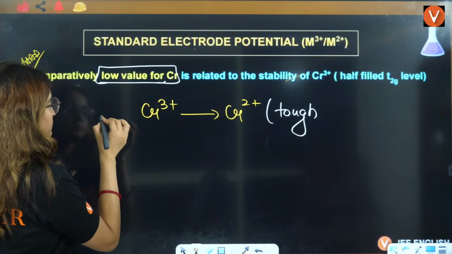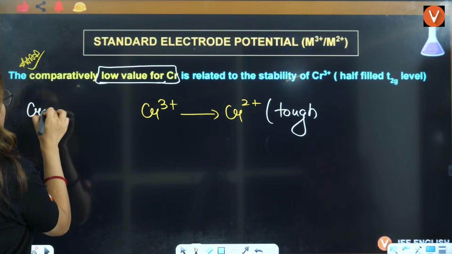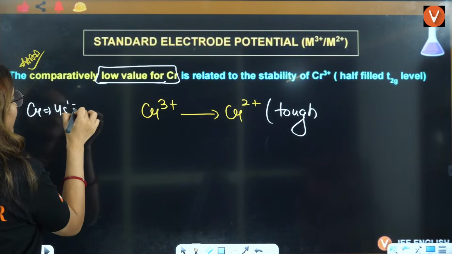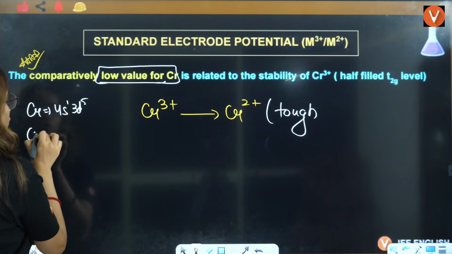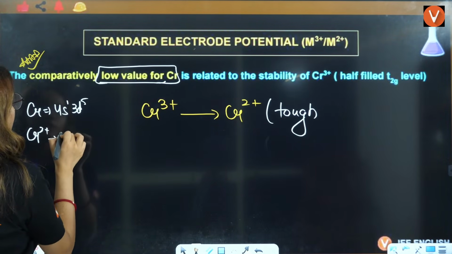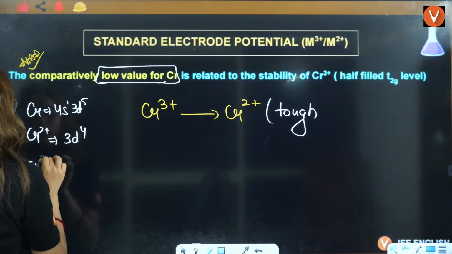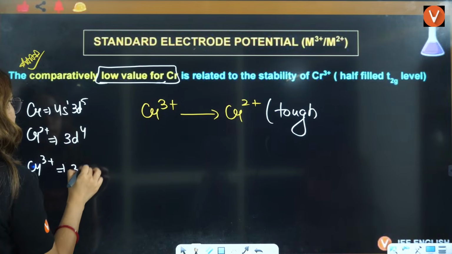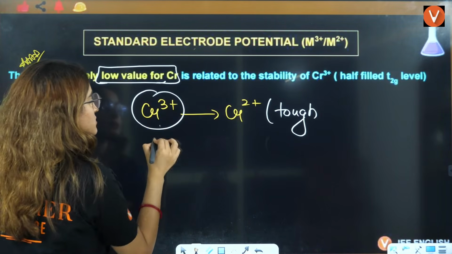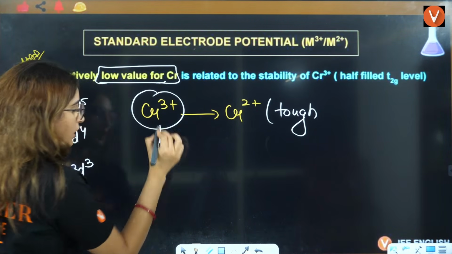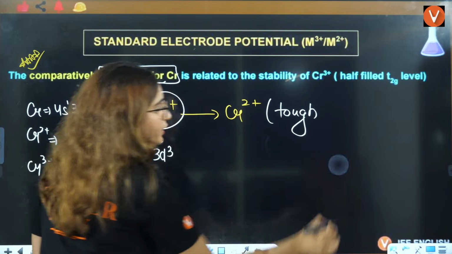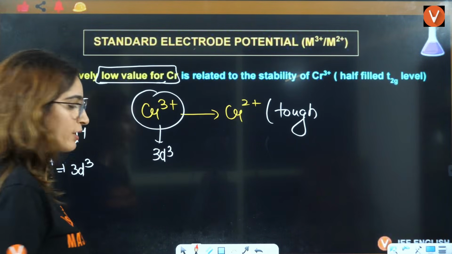Let's see. Chromium is 4s1 3d5. So chromium 2 positive is 3d4, and chromium 3 positive is 3d3. We are going to talk about this in coordination chemistry.